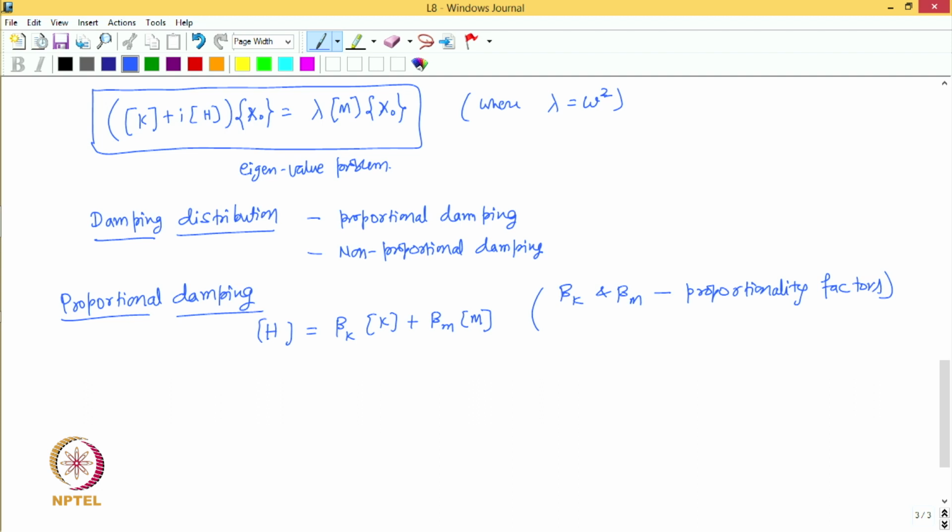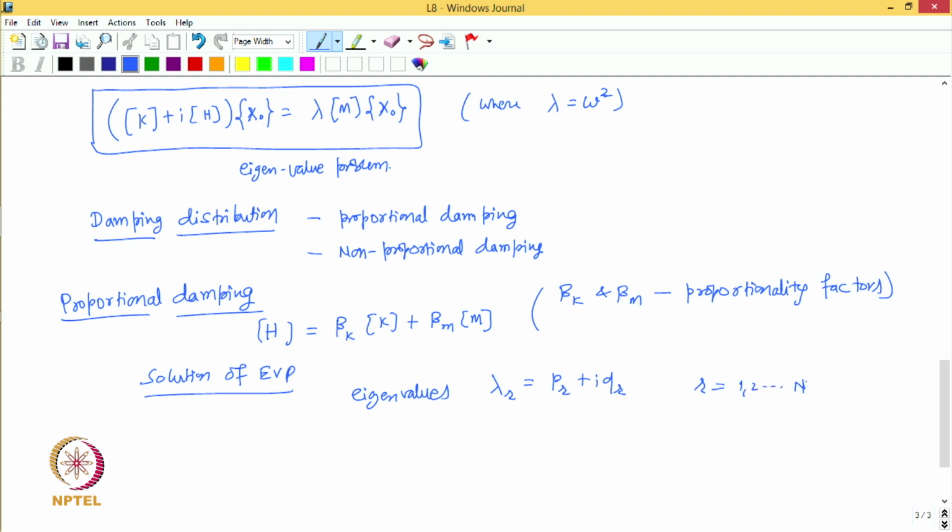So, now if we solve the eigenvalue problem, it gives us eigenvalues, which we can represent as, say, lambda r equal to p r plus i q r. So, the eigenvalues we get are complex, right, and hence let us represent them by lambda r equal to p r plus i q r, with r varying from 1 to n.